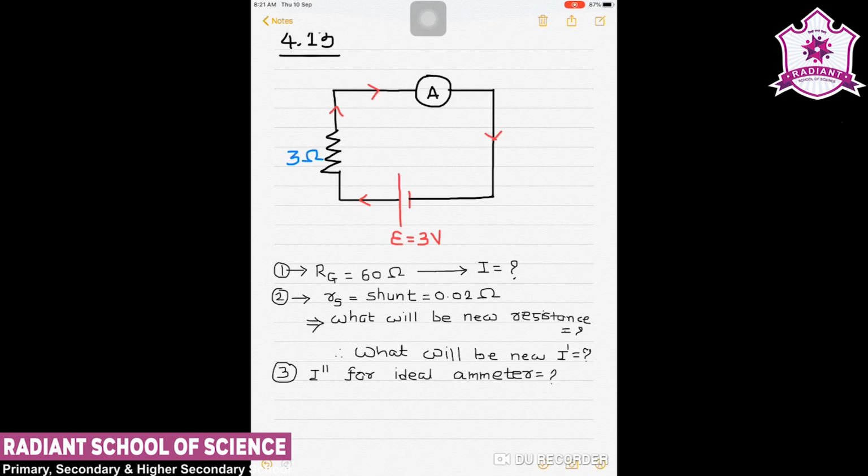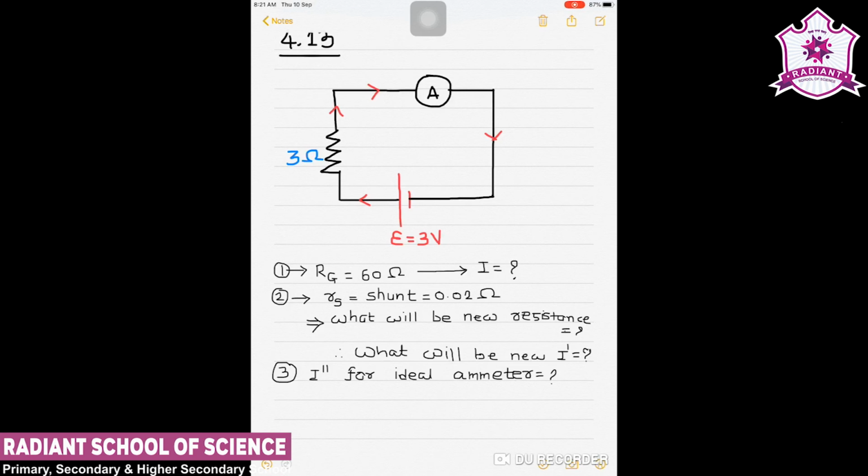So what is the value of current if the ammeter shown in the figure is a galvanometer with a resistance Rg of 60 ohm? What actual current will flow through this?